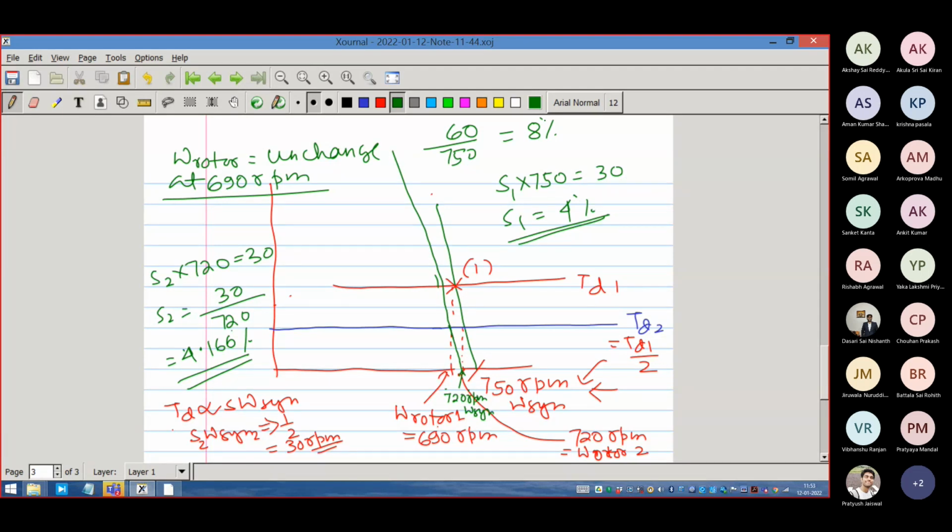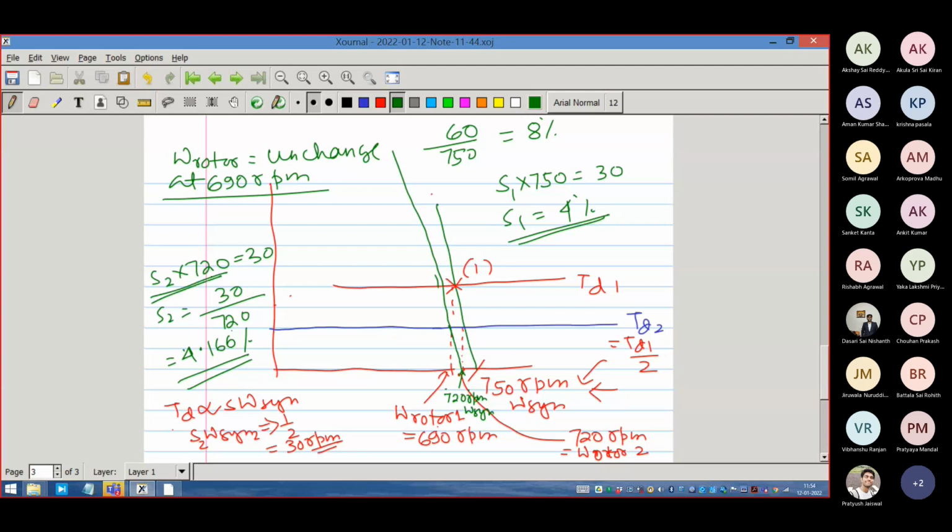However, if I now adjust the synchronous speed from 750 rpm to 720 rpm, I need to maintain a slip of 4.166%, or I don't directly dictate it. I just dictate that S2 into 720 is equal to 30 rpm. That is what I am doing.